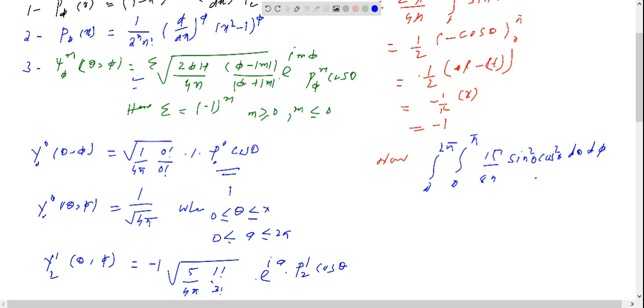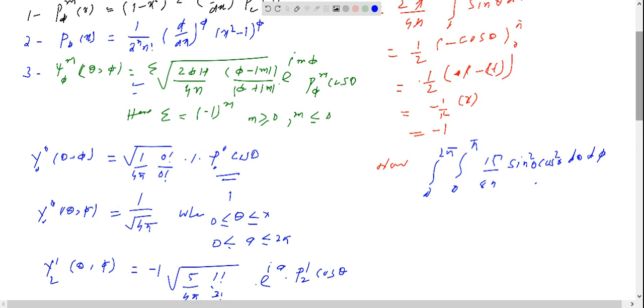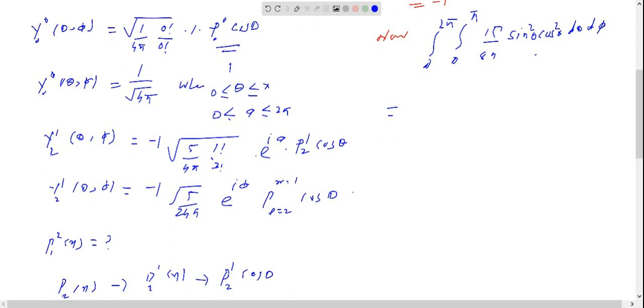So this becomes 15 out of 8 pi into 2 pi, the integral from 0 to pi of sine cube theta cos square theta d theta.